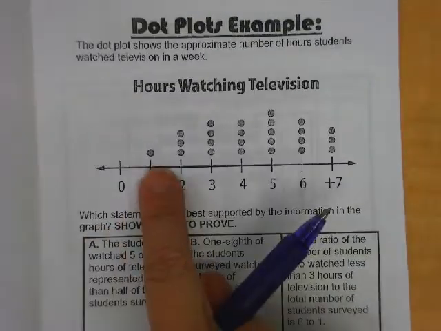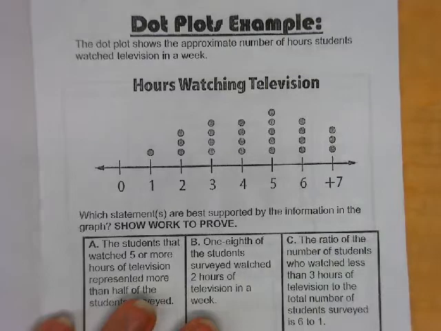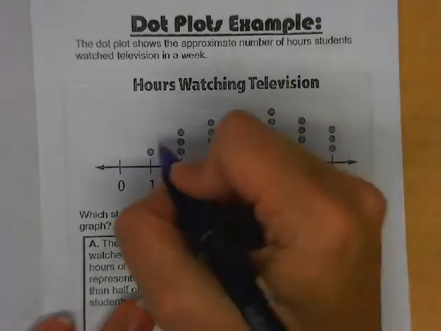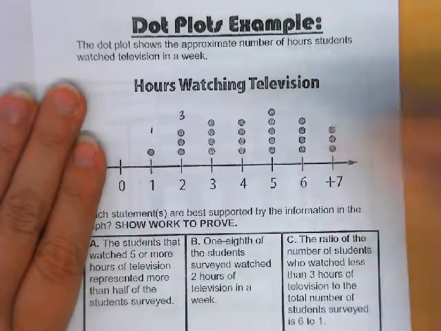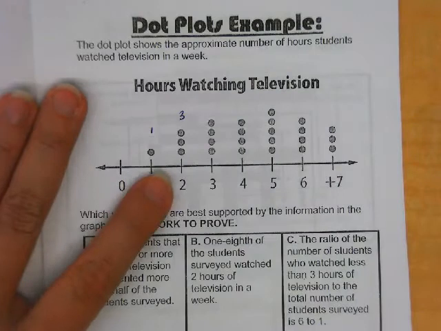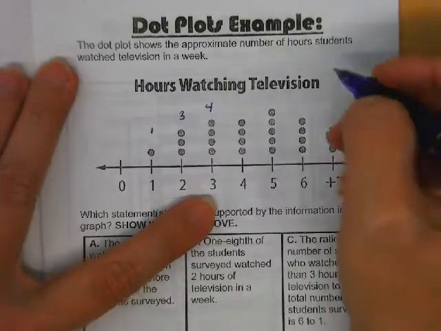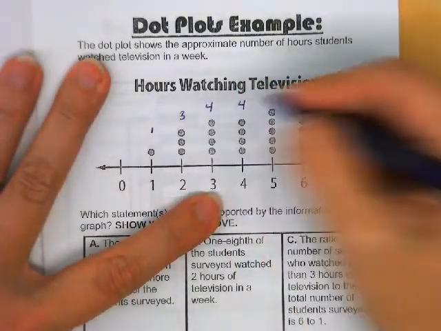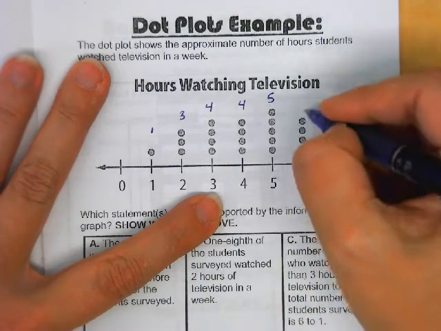How many people did they talk to? How do we figure that out? One of our first strategies should be writing the number that each of those represents. So we had one person that watches 1 hour. We have 3 people that watch 2 hours. How many people watch 3 hours? 4 and 4 hours. 4 and 5 hours. 5 and 6 hours.